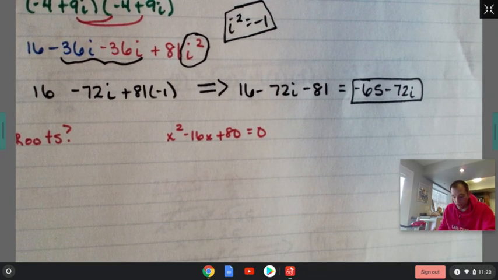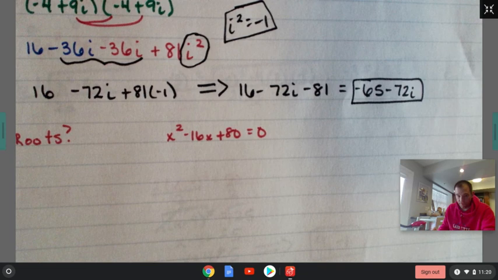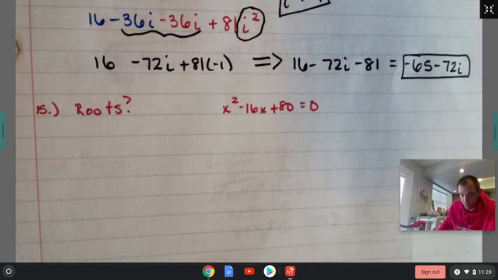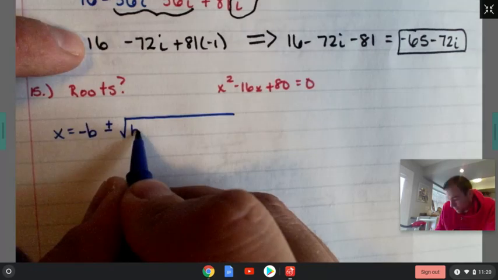All right, the very last problem, number 15, says find the roots, and it gave us this equation. Once again, these are going to be imaginary, so we are going to use the quadratic formula. x equals negative b plus or minus square root of b squared minus 4ac, all over 2a. And again, I know what a, b, and c are. a is 1, b is negative 16, c is 80.